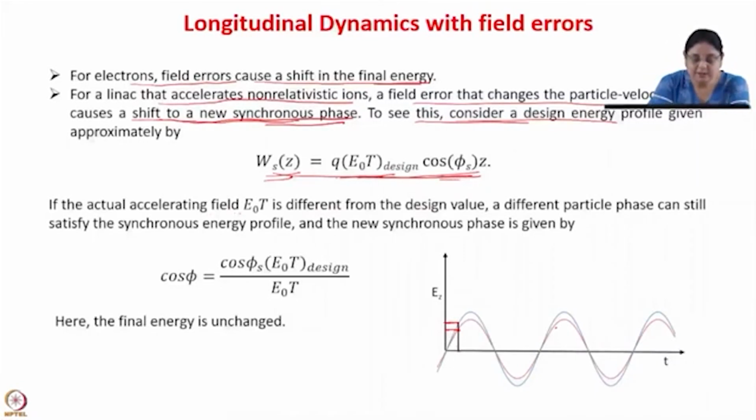Now if the actual accelerating field E0T, like in this case the orange curve, is different from the design value, a different particle phase can still satisfy the synchronous energy profile, and the new synchronous phase is given by cos phi is equal to cos phi s times E0T design by E0T. So if the field value has changed, we can still get the same energy gain if you change the synchronous phase to this new value. So in this case, the final energy remains unchanged.